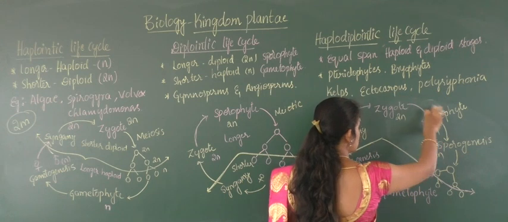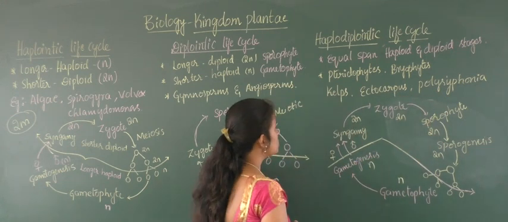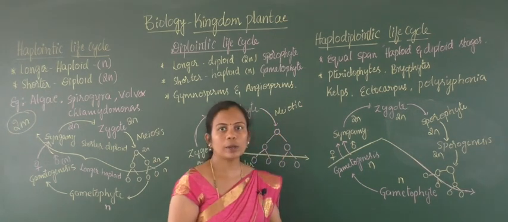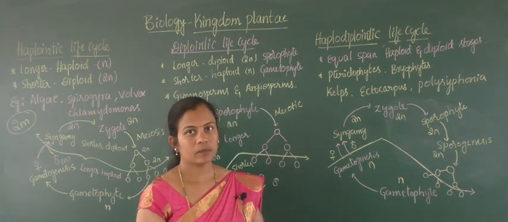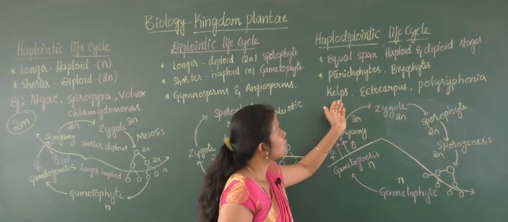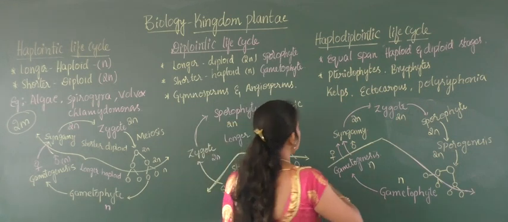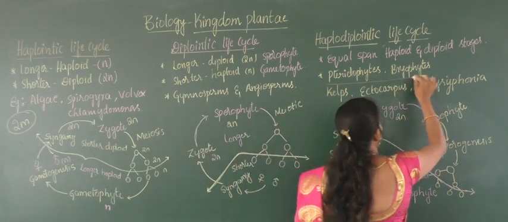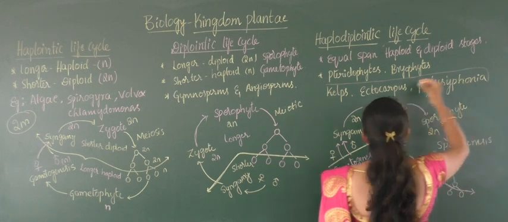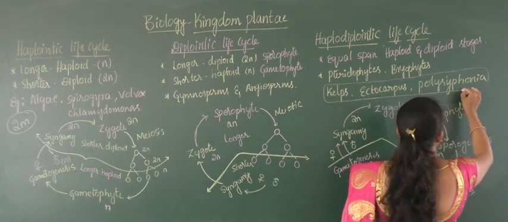Zygote and sporophyte are 2N. Gametogenesis and gametophyte will be N condition. So that's why it exhibits the haplodiplontic type of life cycle, with examples: pteridophytes, bryophytes, kelps, Ectocarpus and Polysiphonia. See, these are the algae which exhibit the haplodiplontic type of life cycle.